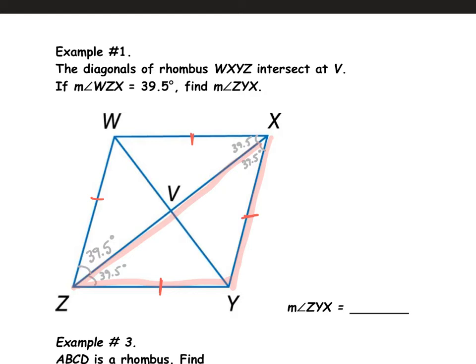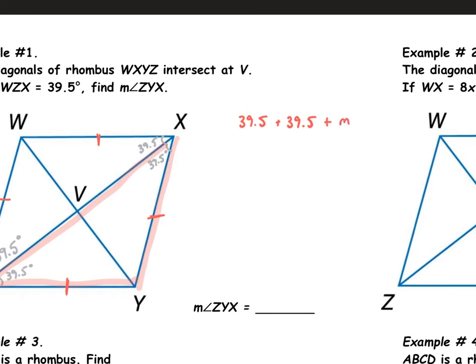So I know that triangle XZY has to add up to 180. So 39.5 plus 39.5 plus the measure of angle ZYX has to equal 180. 39.5 plus 39.5, when I add those two together, we get 79 degrees.